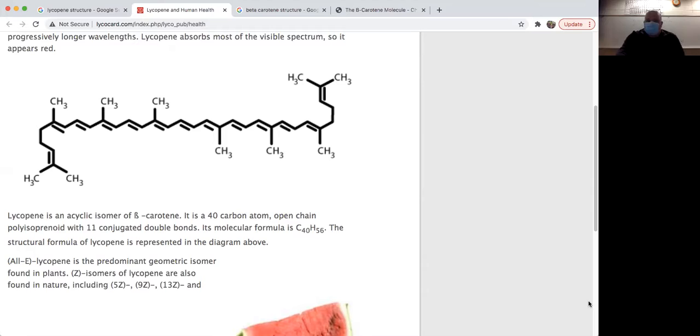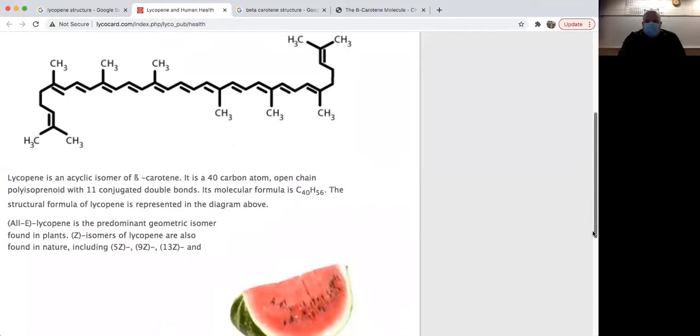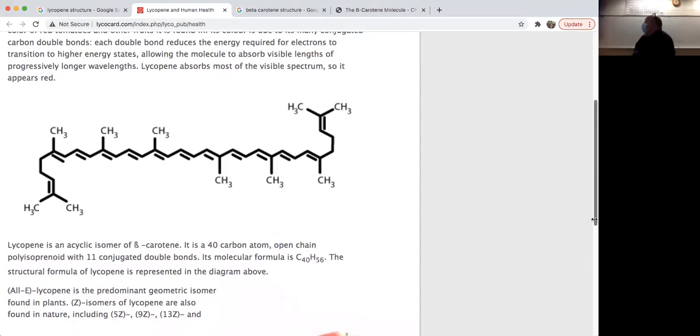You can even see a picture of watermelon down there. Yep, there it is. Also has lycopene. Lycopene has enough conjugation that it absorbs within the blue region of the visible spectrum and therefore transmits light in the red region of the visible spectrum. So we can see it.